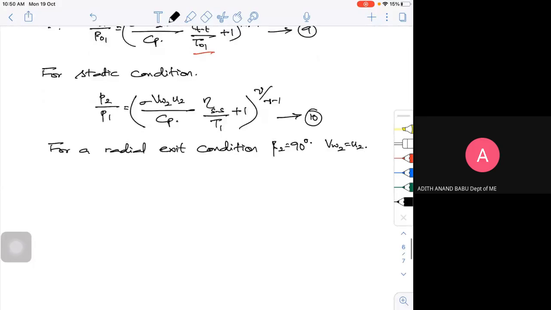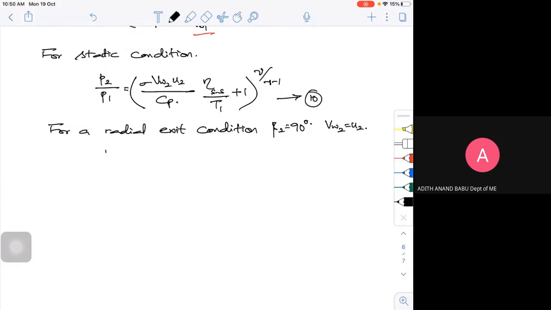I can write the same expression as P02 by P01 is equal to sigma into U2 square, divided by Cp into total to total efficiency divided by T01, plus 1, whole to the power of gamma by gamma minus 1.